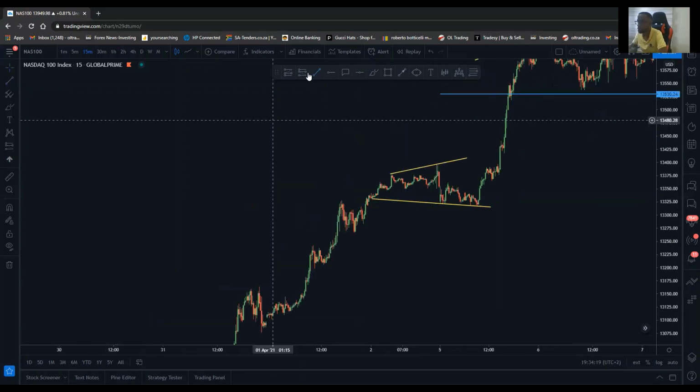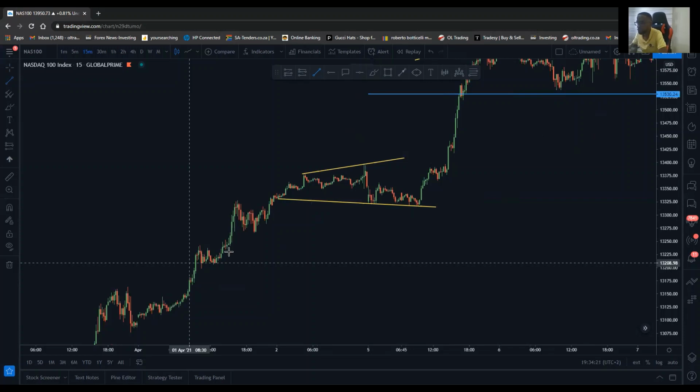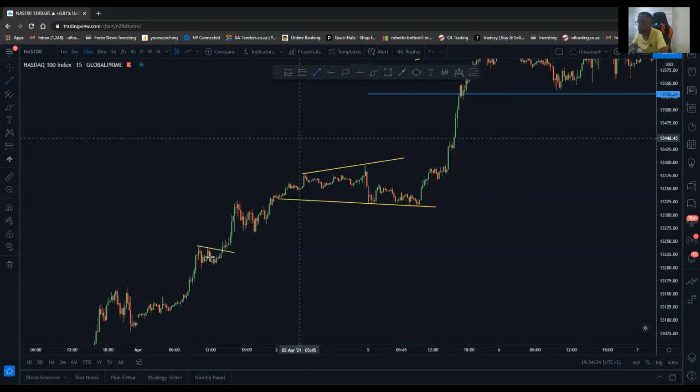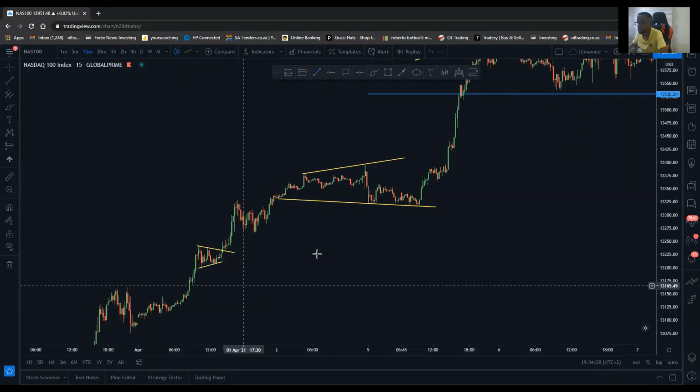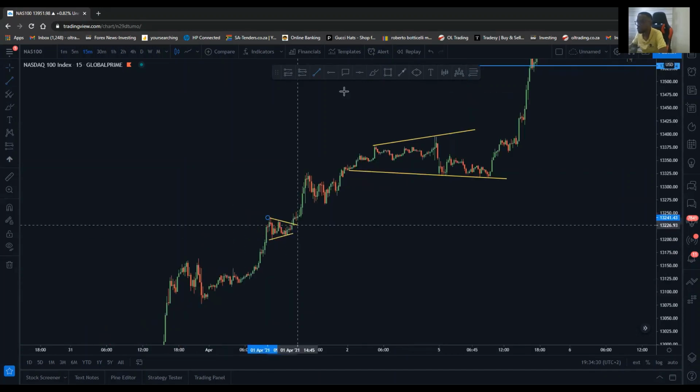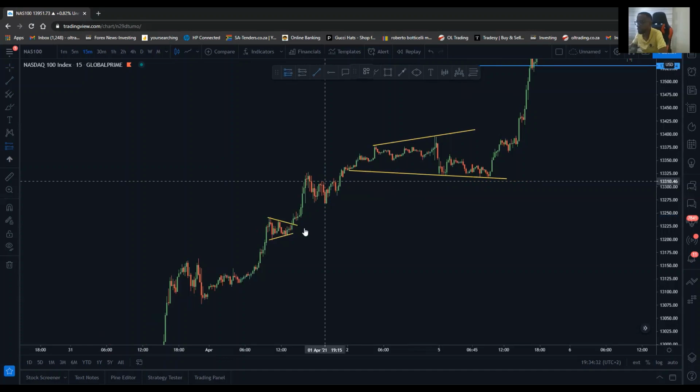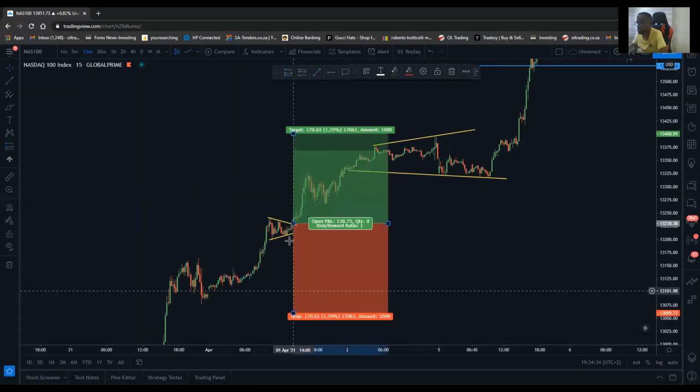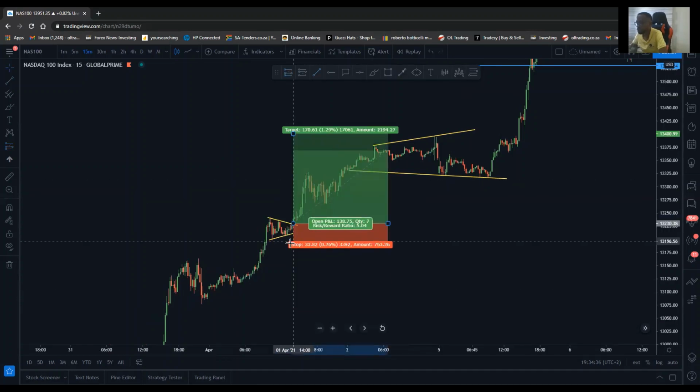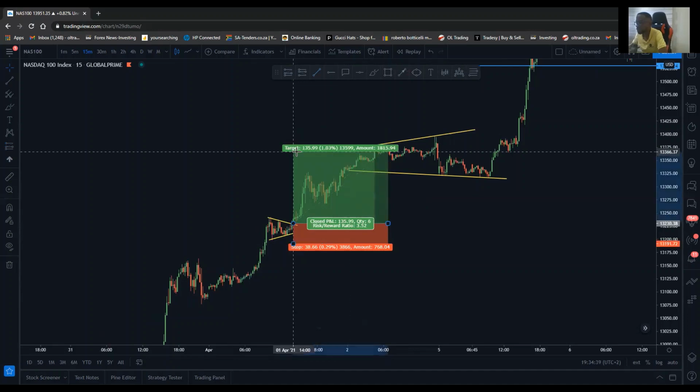Now I'm on 15 minutes, so you'll see that we'll be having a little bit more movements. You see? So you will have your buy, and then your stop loss will just be below here. Understand?